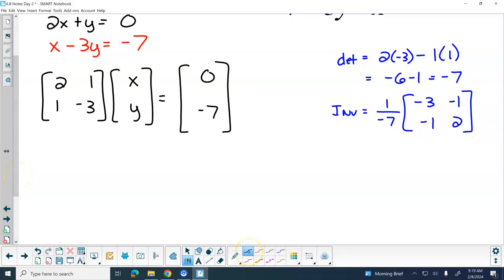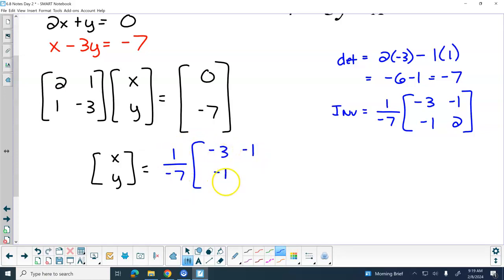So then x and y are now going to equal 1 over negative 7, negative 3, negative 1, negative 1, 2, and 0, negative 7.